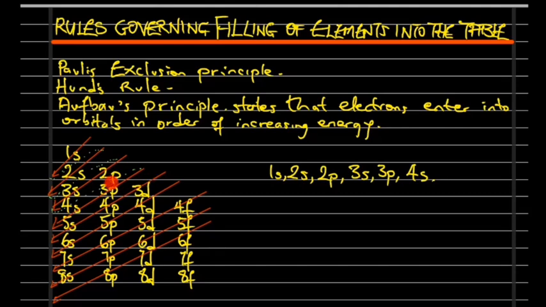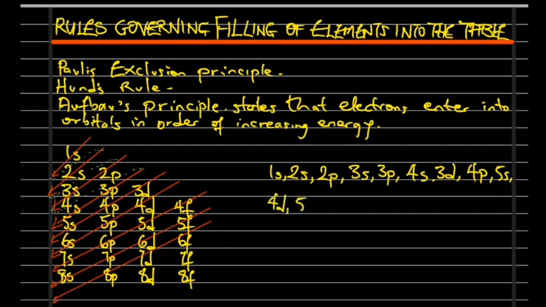After that arrow, this is the next arrow here. This was what we just finished talking about, 3p, 4s, followed by this one, which is 3d, 4p, 5s. Then the next arrow gives us 4d, 5p, 6s.